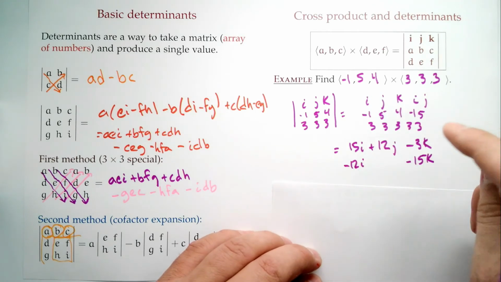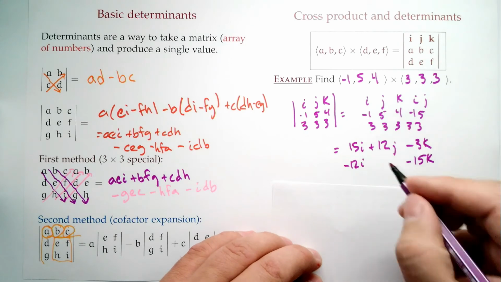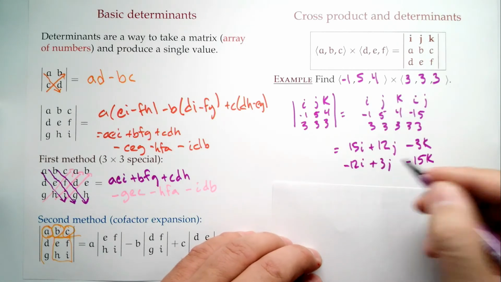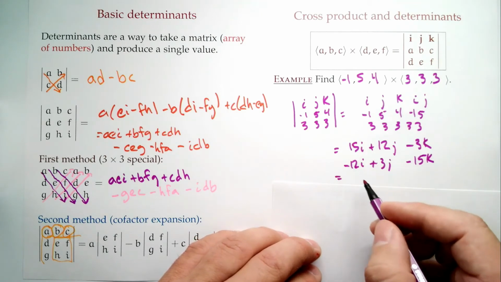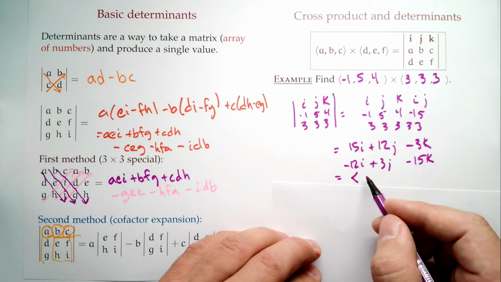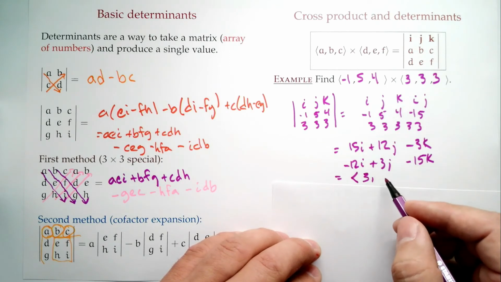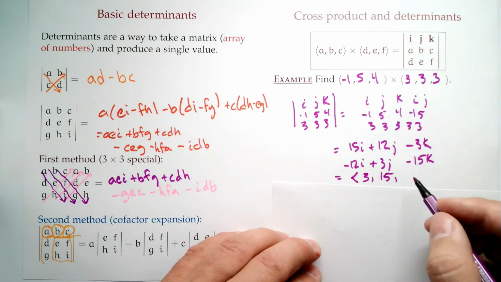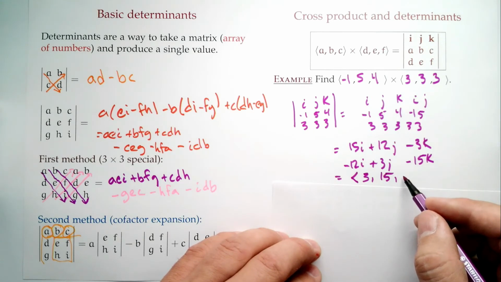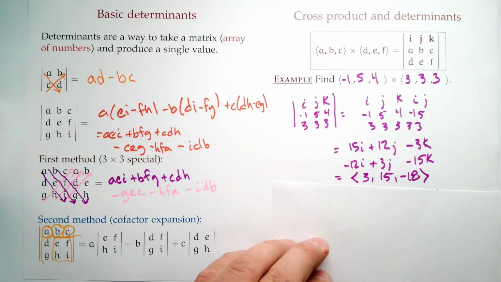All right. 3, negative 1J, yeah, positive 3J. So, 15 minus 12 gives 3. 12 plus 3 gives 15. And minus 3 minus 15 gives minus 18. Good.